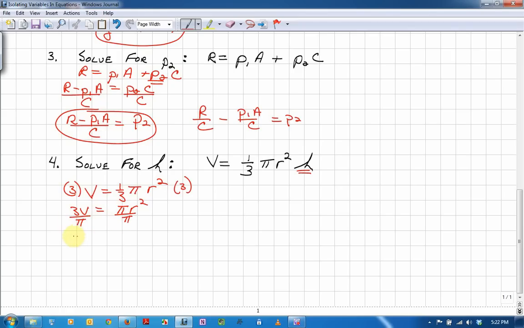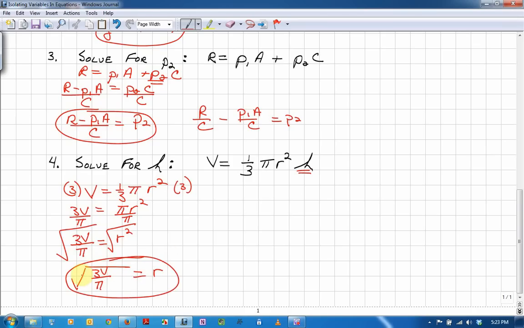Now I would have 3V all over pi is equal to r squared h, and my last step is to get rid of the square on the r. If I square root both sides, the r squared would just become an r, so my final answer is the square root of 3V all over pi is equal to r. And that's it.